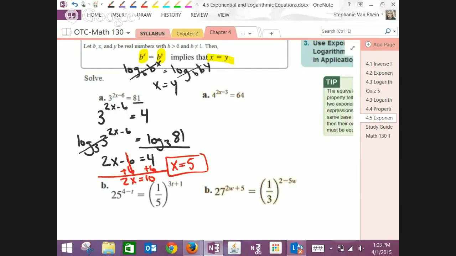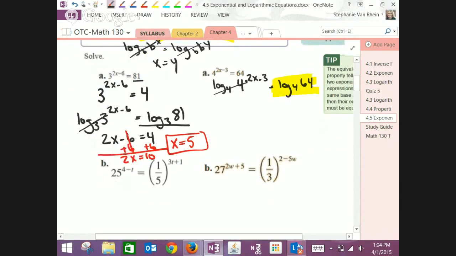If I wasn't for sure, I could take log base 4 of 4 to the 2x minus 3 equals log base 4 of 64. If I wasn't sure right offhand what power of 4 gives 64, I could take ln of 64 divided by ln of 4 and get 3 in my calculator. Do you guys see why I can do that in my calculator? Because it's just a change of base. That's what we learned last time.